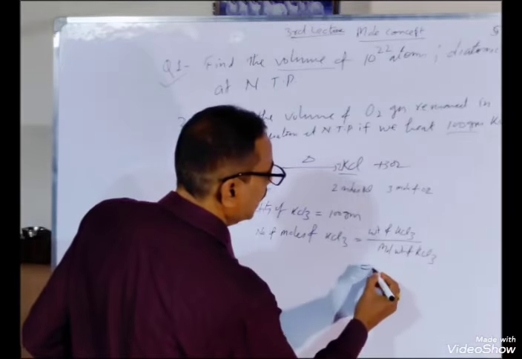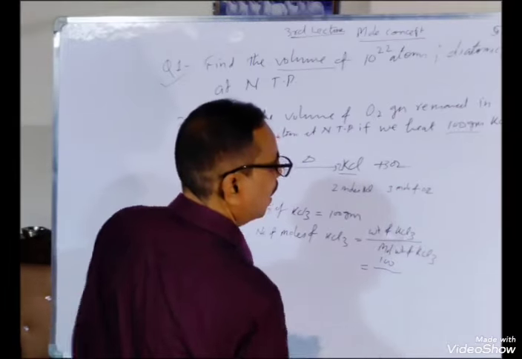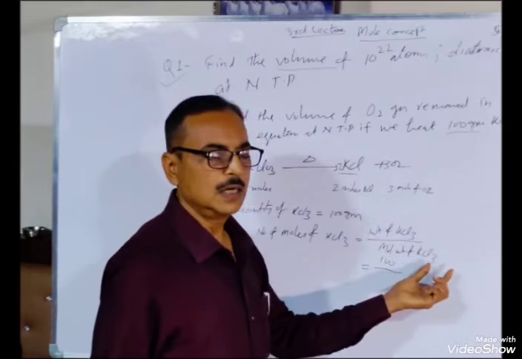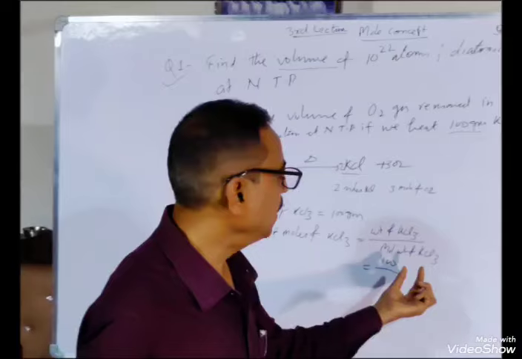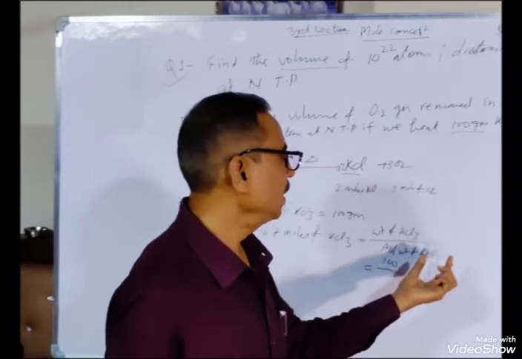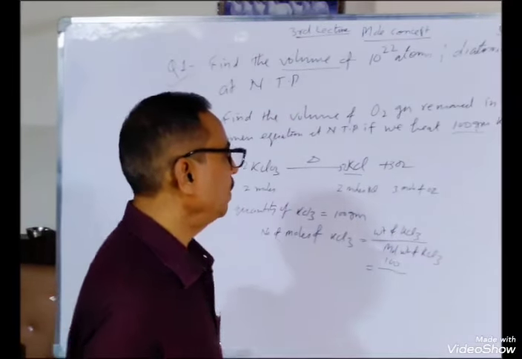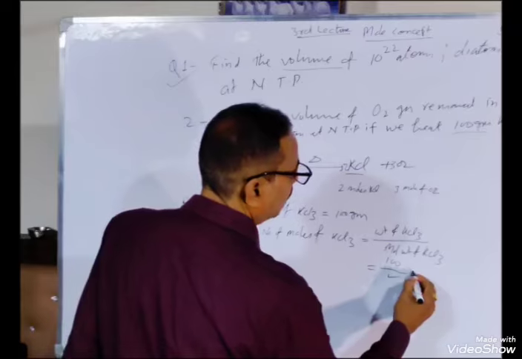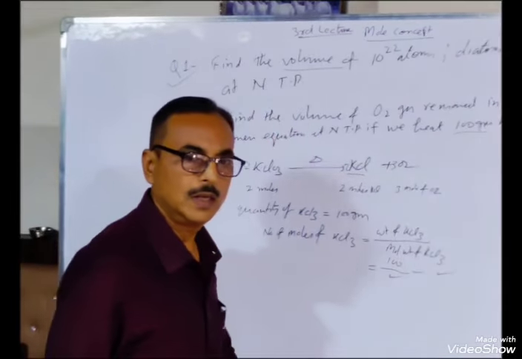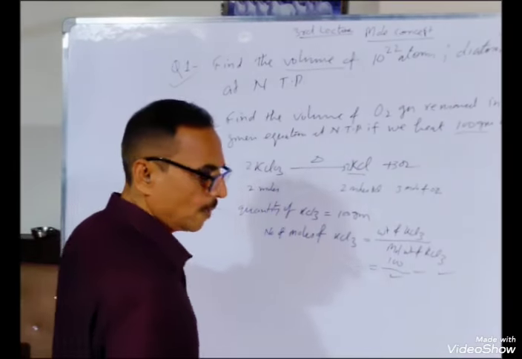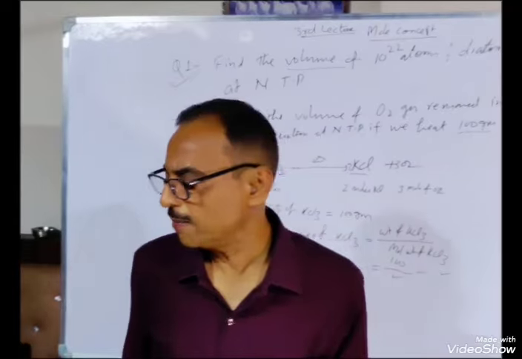So the weight is 100, and chlorine is 35, potassium 39. So you calculate, put the weight and molecular weight and divide, you will get the answer. Now it is clear. Put the molecular weight of potassium.